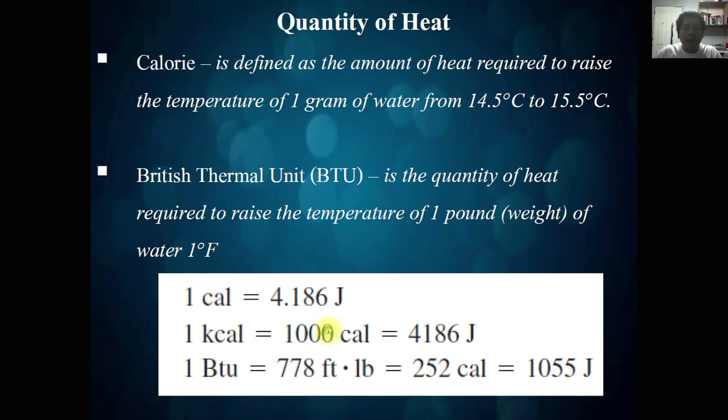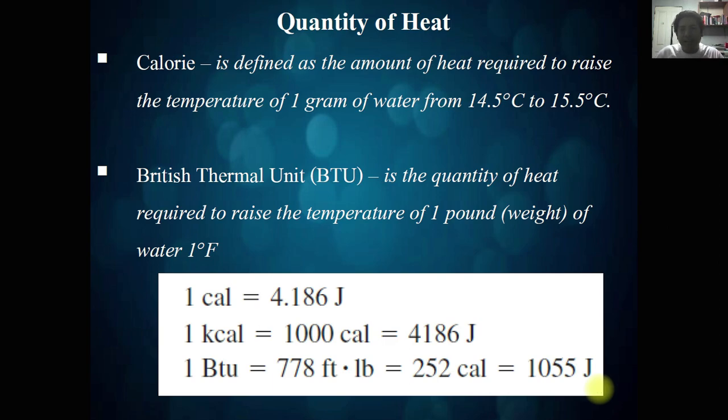For the BTU, we have 1 BTU is equal to 778 foot-pounds, or that is equal to 252 calories. And in terms of joules, 1 BTU is equal to 1055 joules. We have no other option but to take note of this conversion.